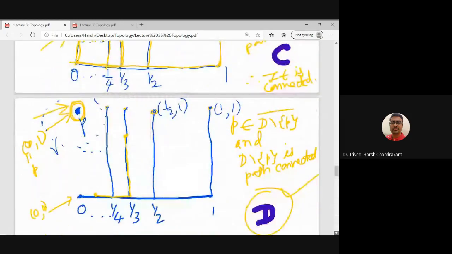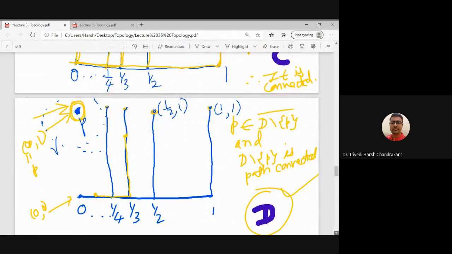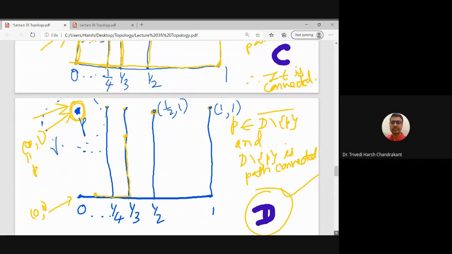Since V is a neighborhood which contains points only from these vertical lines, right? They will not contain any point between 0 and 1 on the x-axis because it does not touch the x-axis, and all the points on the vertical line are of the form 1 comma n comma some number t, but t is greater than 0.